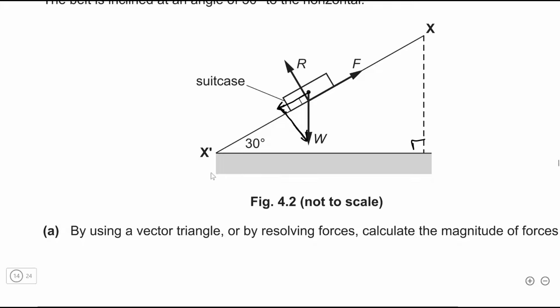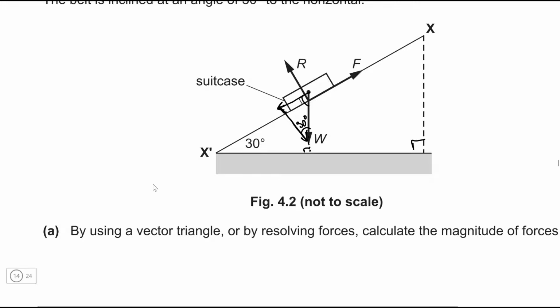Now let's think a little bit about angles. This angle here is 30. If we extend this one, because this one here is 90 since the weight is perpendicular, we're going to see that the angle up here has to be equal to 60 degrees, which would mean that this angle here will be equal to 30 degrees. Okay, let's have a look at our components.